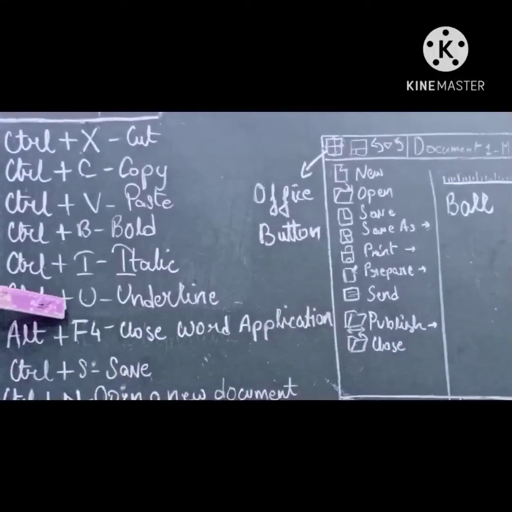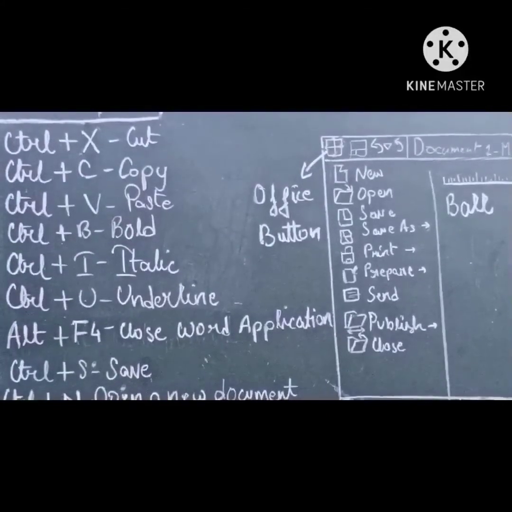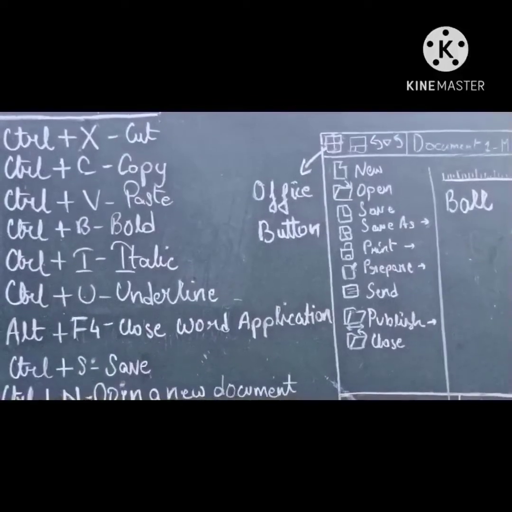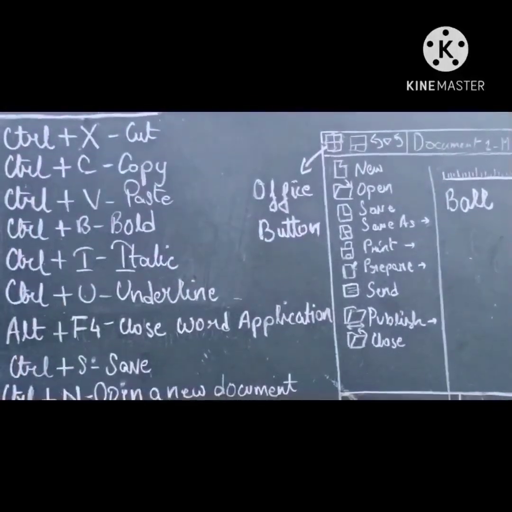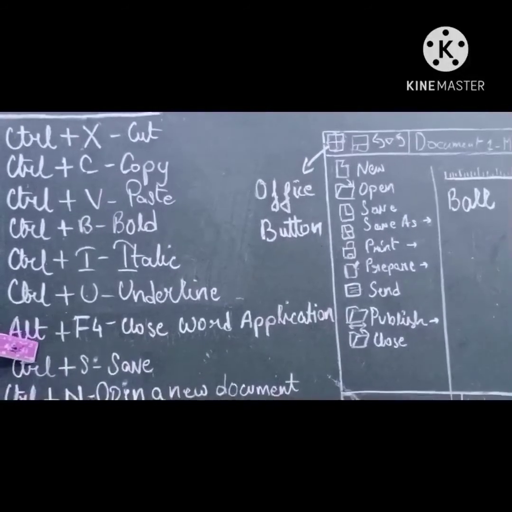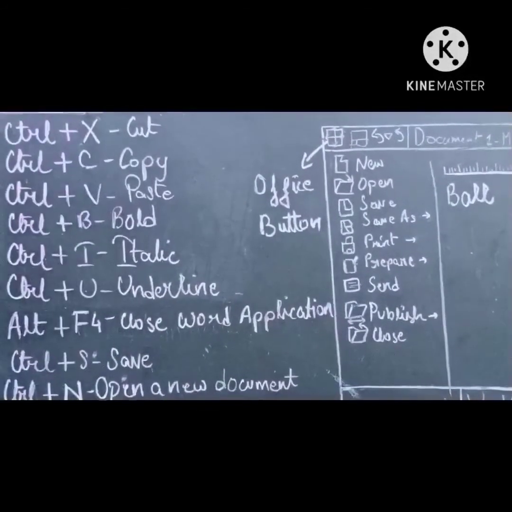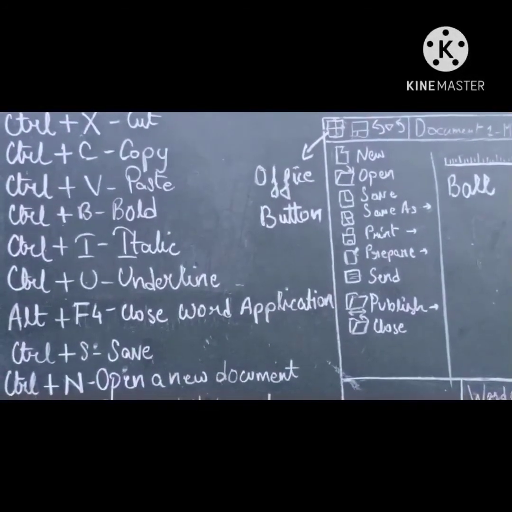Press Ctrl plus U to underline your text. Children, if you want to close your Word application, then press the Alt plus F4 key.